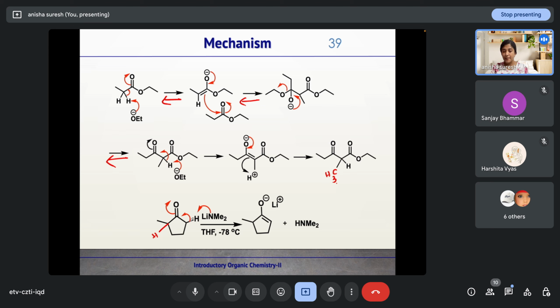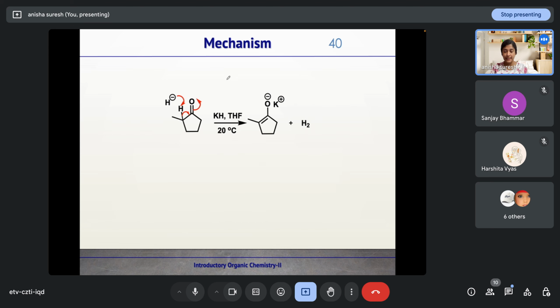So this amine will be abstracting this proton, leading to formation of this enolate, kinetic enolate. So this is a bulky base. Bulky base will lead to formation of a kinetic enolate. Now coming to the next reaction. So here KH, H minus is the base.